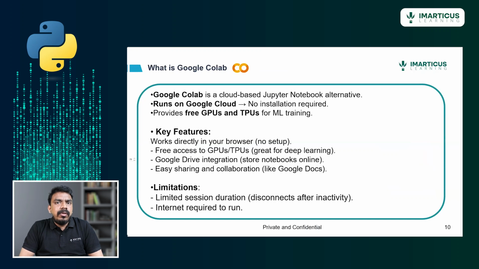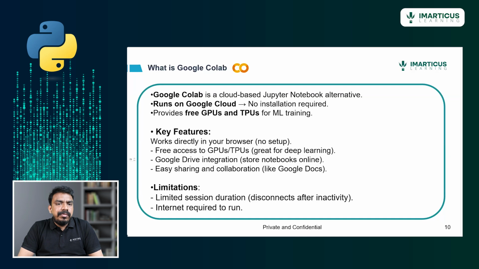Whereas in Jupyter Notebook you want to download it as external software, in Google Colab you need not download any software, as it completely works on the cloud. It runs on cloud platforms where installation is not at all required. It provides you free GPU and TPU to perform various machine learning and deep learning techniques.